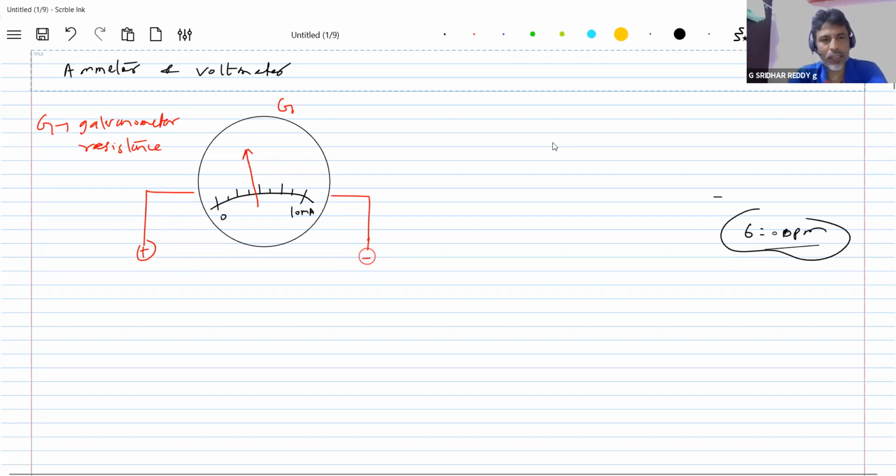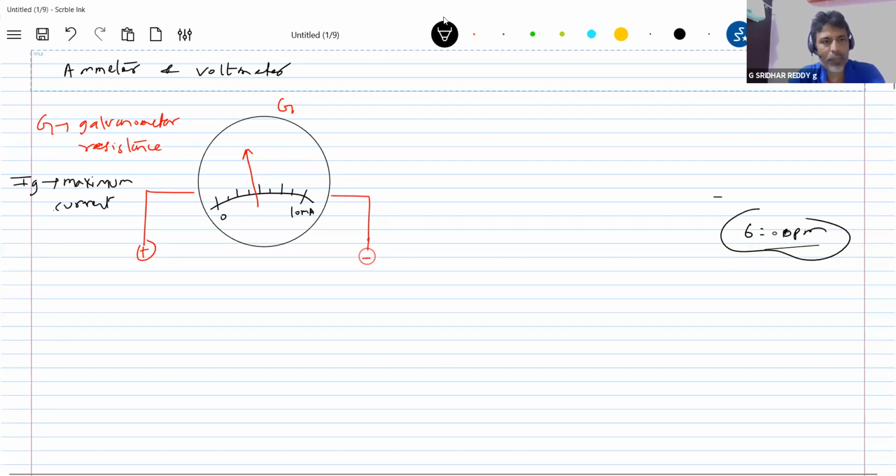Then I wrote something, 10 milliampere. This will be Ig, the maximum current, or the current for which the deflection in the galvanometer will be maximum. So this is called the maximum galvanometer current.